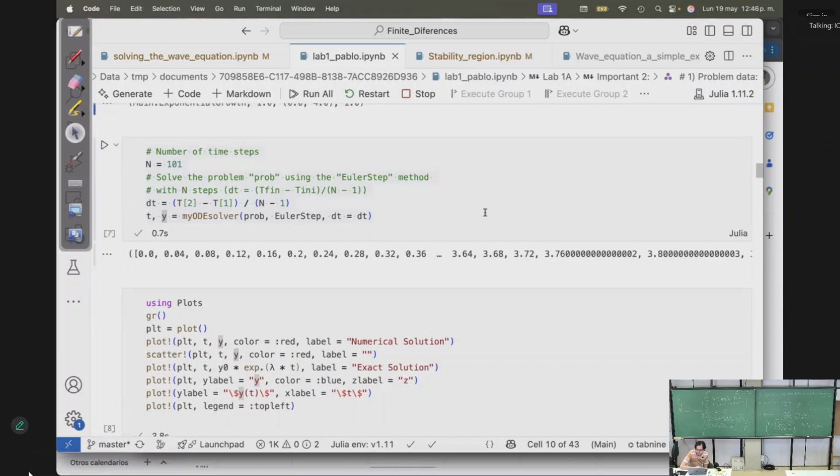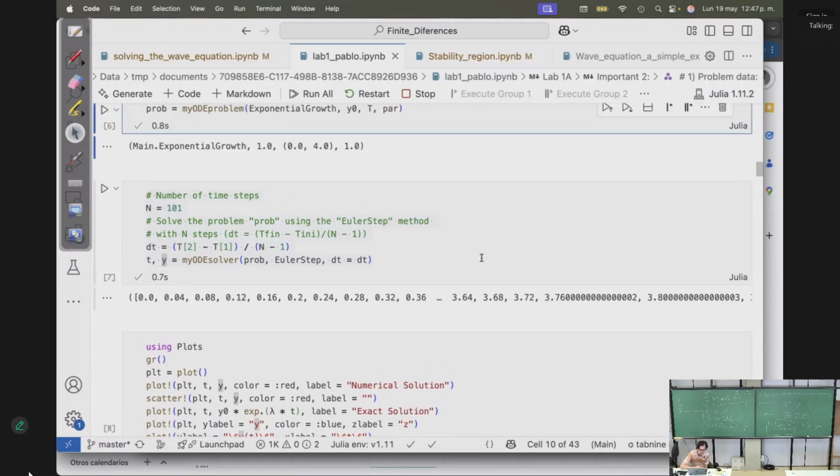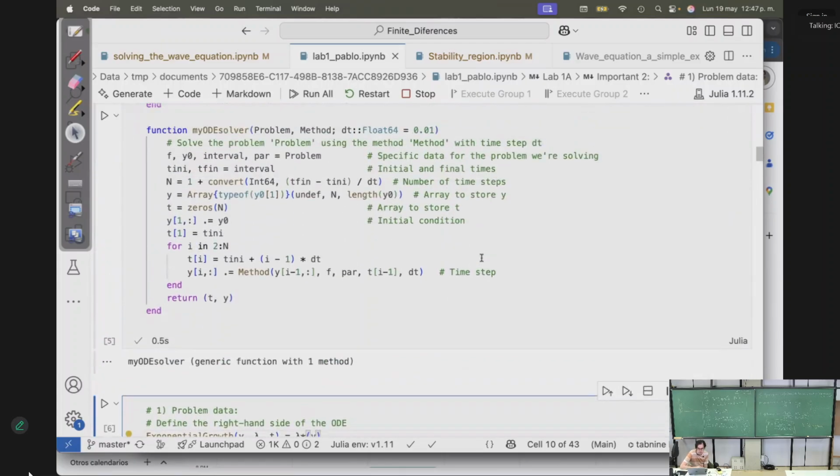Are the labs and the homework mandatory? Yeah, they are mandatory. So at least attempt to do them.